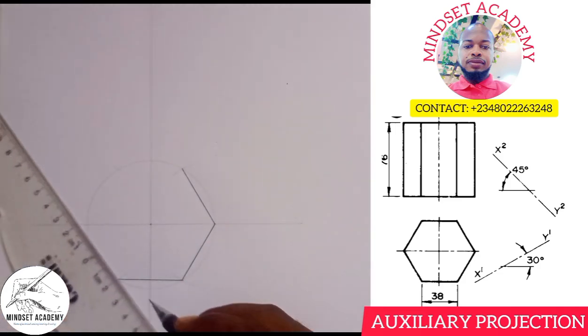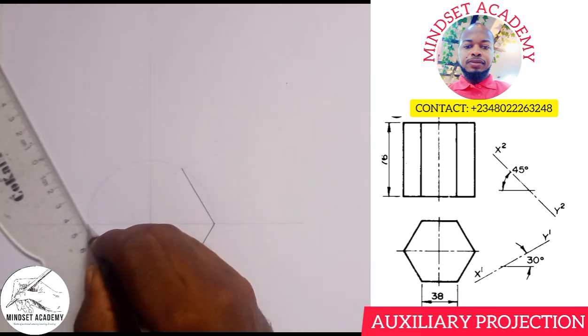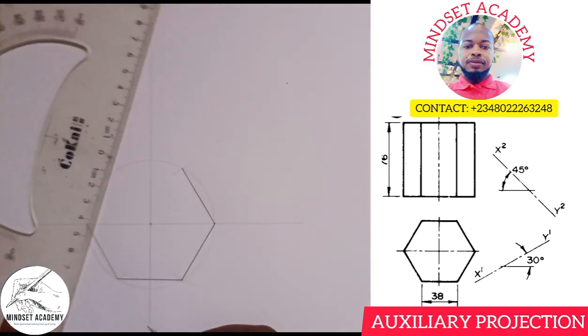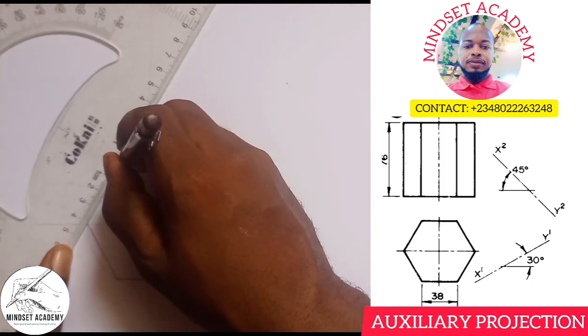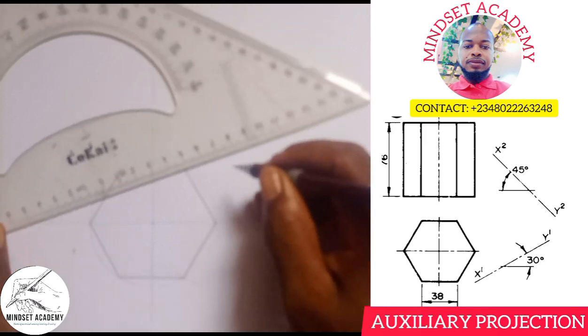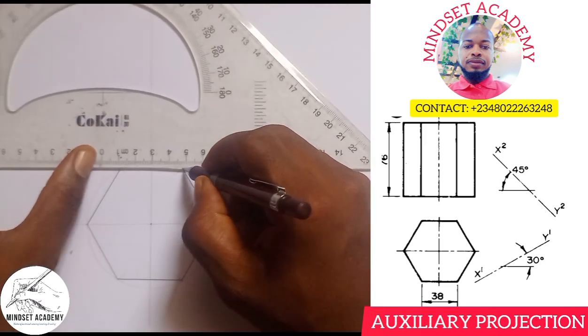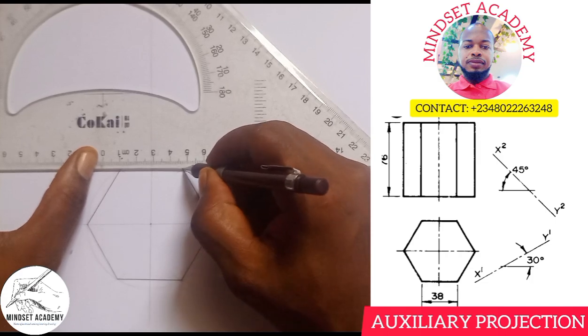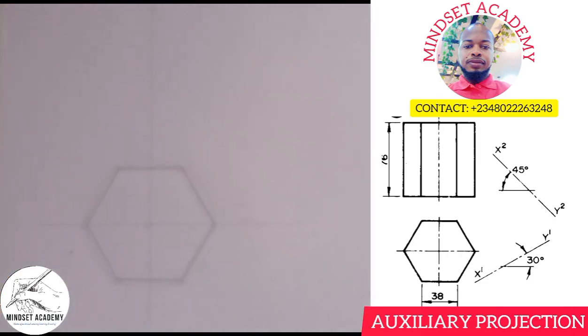You can see that. Then here also, into this point, and also to this point, and also to this point. You can see that. Once you've done that, we've gotten the hexagon.